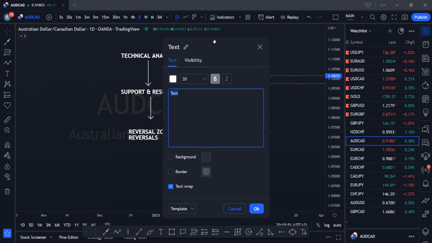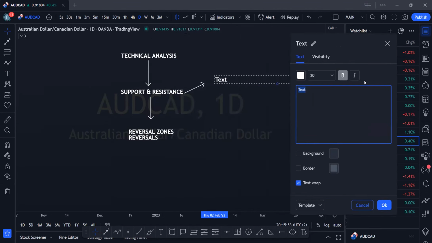When we spot a support and resistance zone, we are simply using historical data to predict what will happen now, to predict the future. Okay, I've already written down.